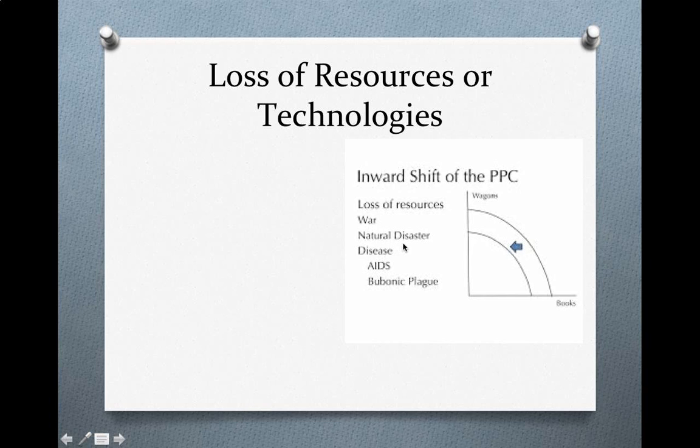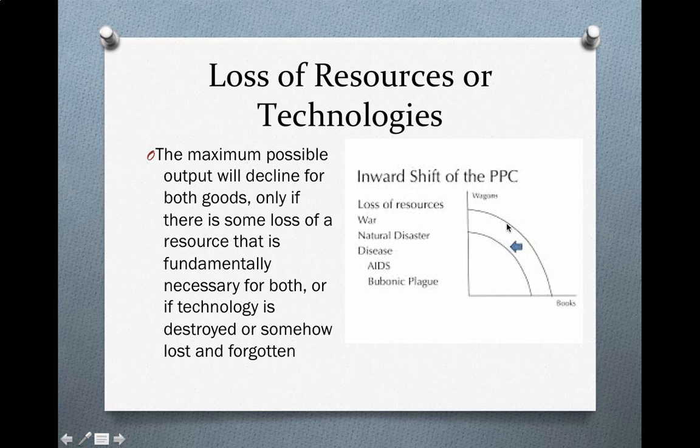Natural disasters would do the same thing. And then if we had widespread disease, some sort of plague or AIDS that would affect a huge section of our economy, then we would actually see the production possibility shift in, because if we have fewer natural resources, fewer human resources, fewer capital resources, obviously we're not going to be able to produce as much in that economy.